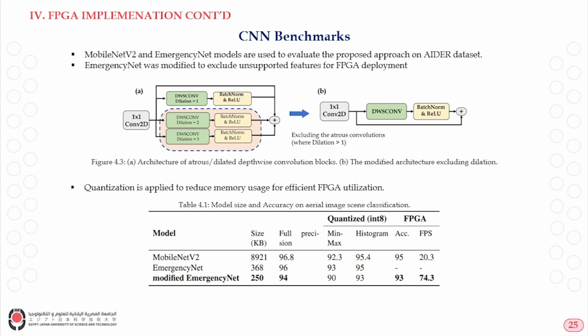When you do this, you lose some accuracy; we lost from 95 to 93 because of this pruning. However, we were able to accelerate it. MobileNet gets a performance of 20 frames per second, which is the number of frames processed per second, and the modified emergency net was processed at 74 frames per second.